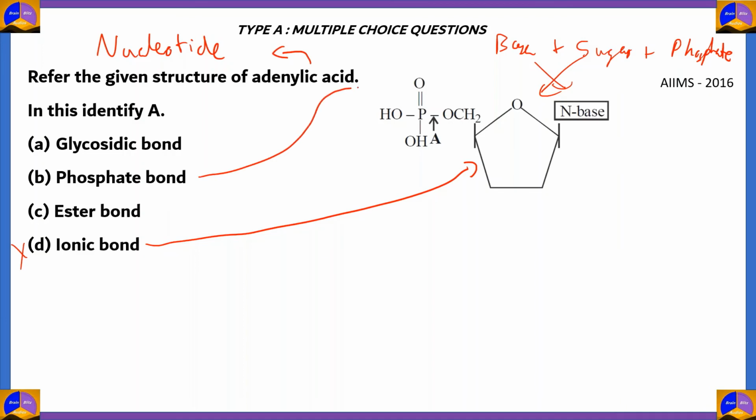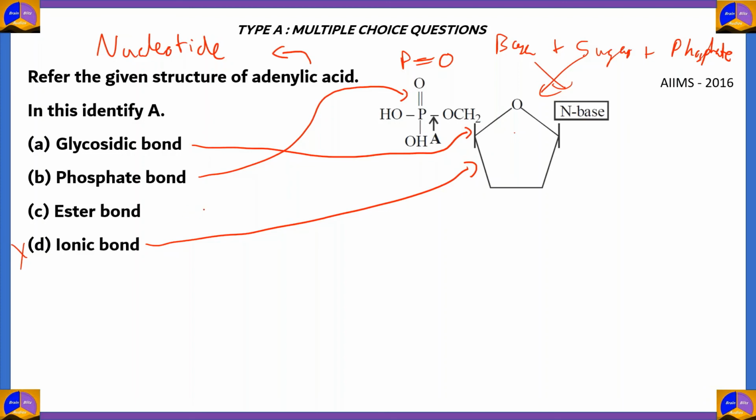In order to find out which of these is a phosphate bond, we need to know that phosphorus goes with oxygen in order to get phosphate. So therefore, the phosphate bond is the double bond right here. Next, glycosidic bond. The glycosidic bond occurs here between the sugar and the phosphate, like this.